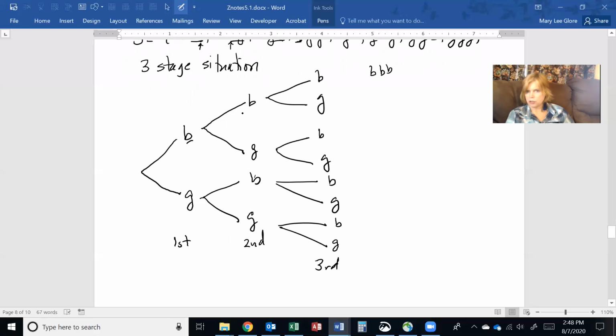This one is boy, boy, girl. Then I have boy, girl, boy, and so on, through all the combinations down to girl, girl, girl.